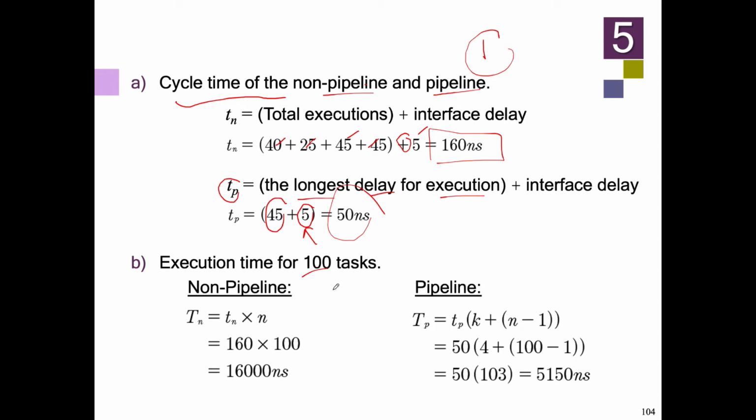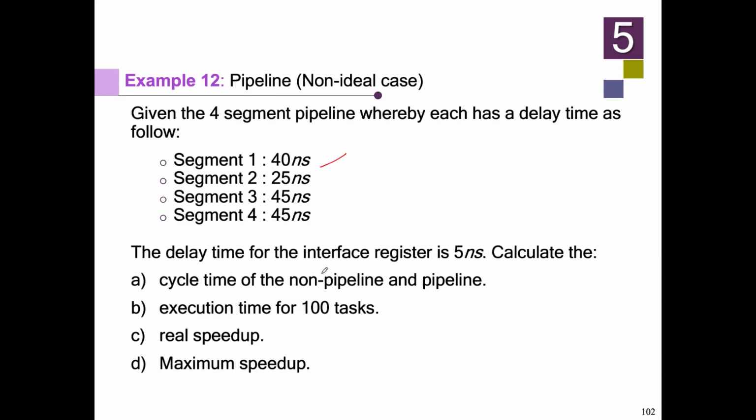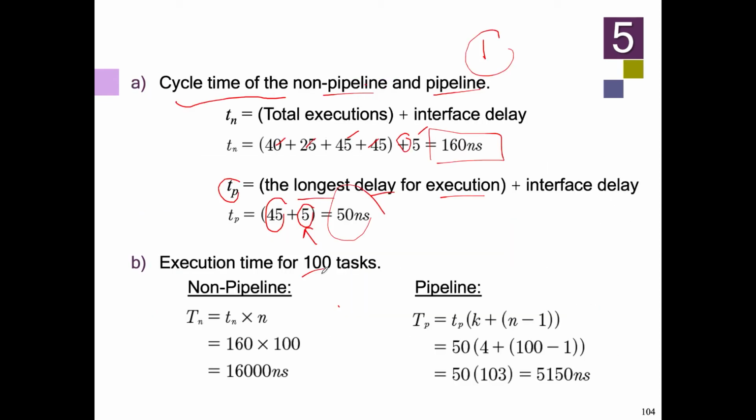Of course, you need to check the time durations, 40, 25, 45, 45, and you're going to add it. So this is one time. If you have 100 tasks, you're going to multiply it by 100. So that's why you will get this answer.